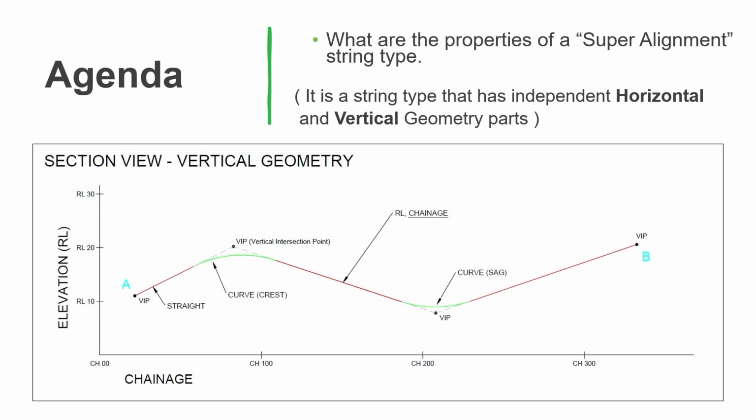The straight grades there are the red ones, and then we can also put in our curves, our crest and sag curves, for instance, on the road design. So along the bottom, you've got an increasing chainage, which you can see there. And on the left-hand side, you can see an elevation. So what height is the point at? So again, each point in this view has got an RL and also a chainage reference to it.